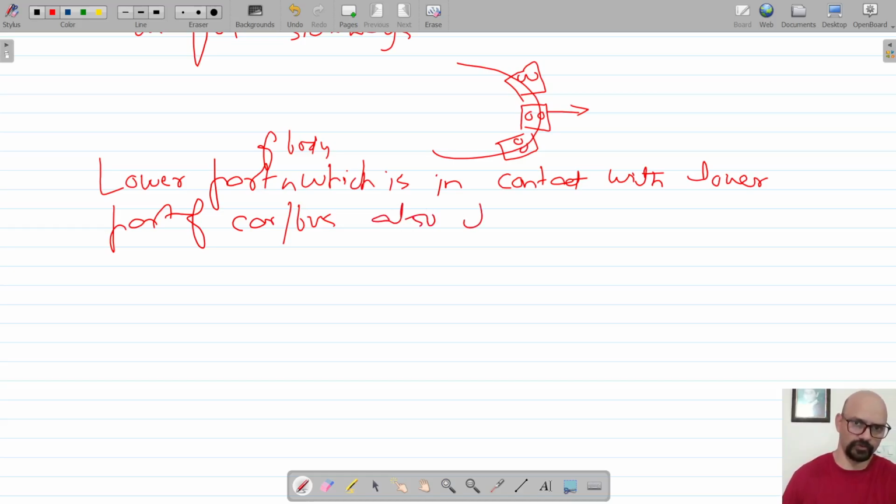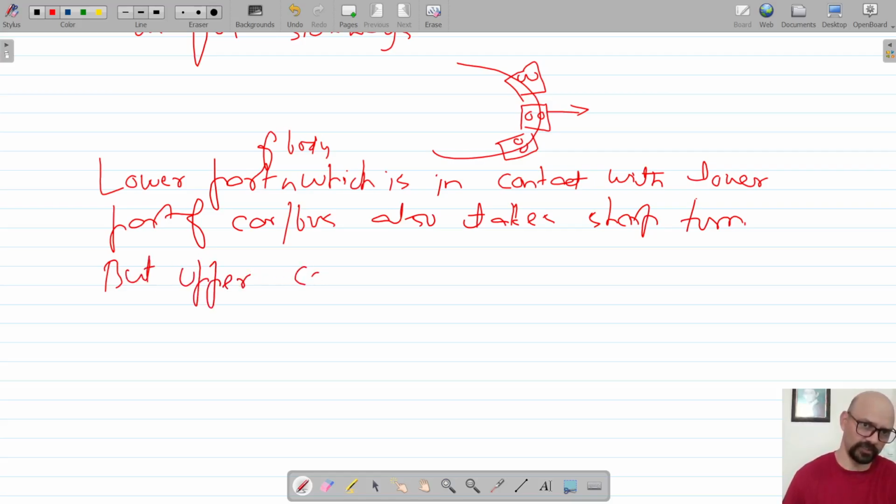This also takes a sharp turn. So because the car or the bus is taking a sharp turn, our lower part of the body will also take the sharp turn, but the upper part is still moving in a straight line. Or we can say that the upper part continues to be in a straight line, and this is because of inertia.